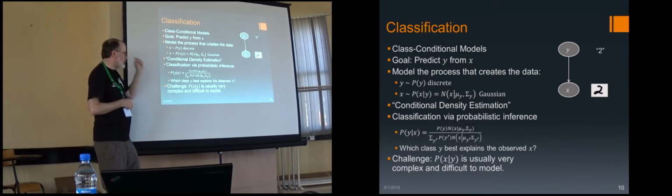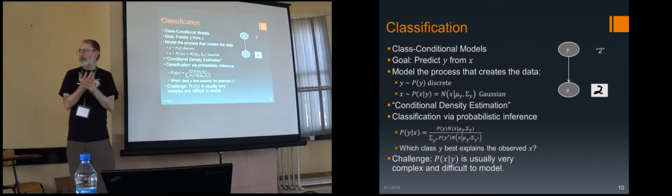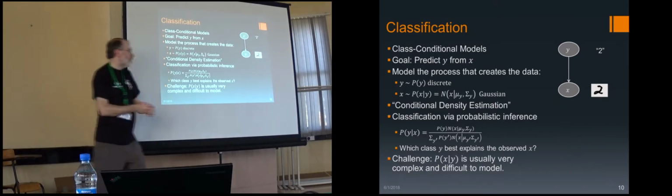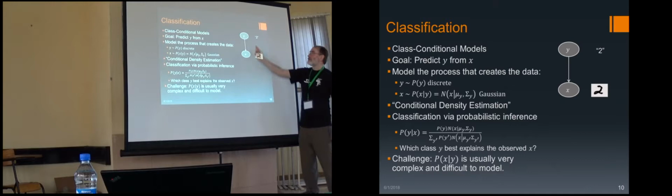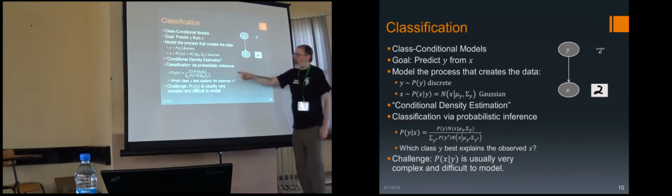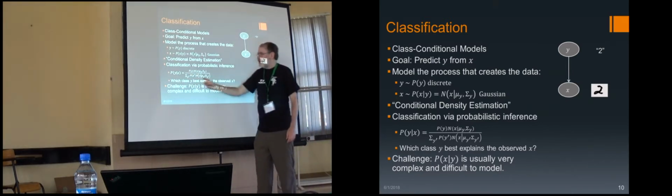But if we could do it, then to make our classification decision, of course, we have to run this thing backwards, right? The thing we observe at classification time is we observe the image, and now we want to reason backwards and figure out, well, what is the probability that the person was trying to draw a 2 versus a 4, right? And so we can apply Bayes' rule to calculate this, right?